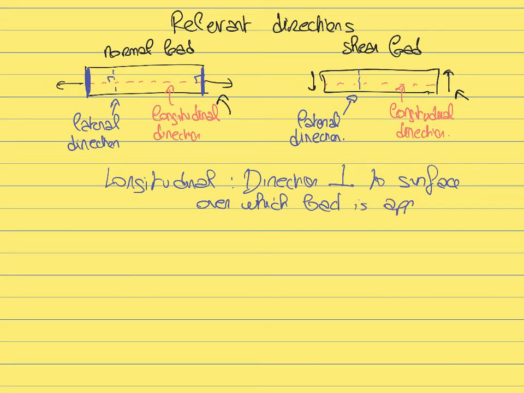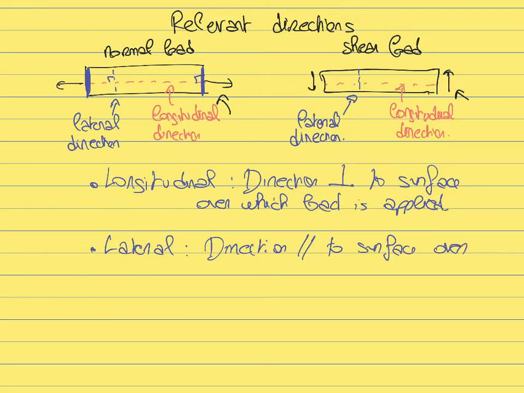Okay, and so just to make it clear, the lateral direction is the direction that is parallel to the surface over which the load is applied. And this definition is true both for the case of a normal load or a shear load.